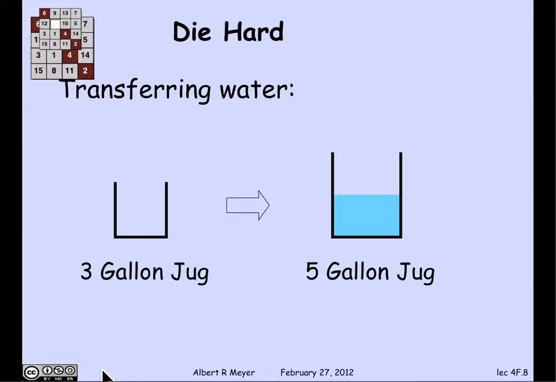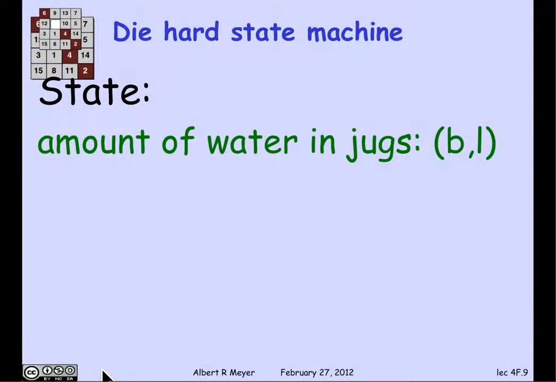And the first decision we need to make is, what's the state going to be? Well, the obvious model for the state is the amount of water in each of the jugs. So B is the amount in the big jug, and L is the amount in the little jug.